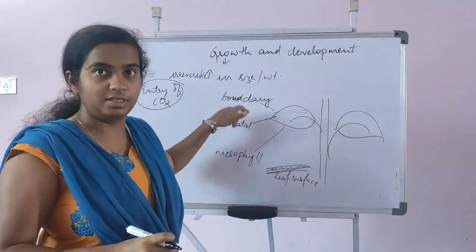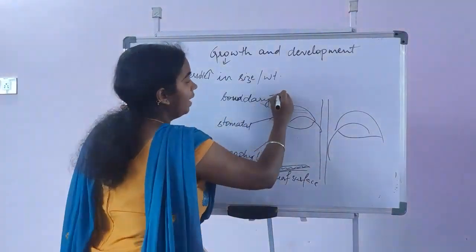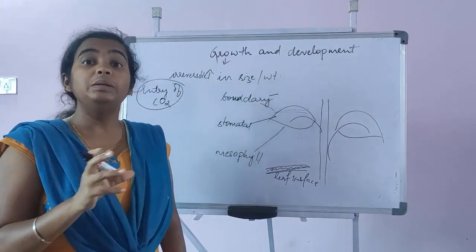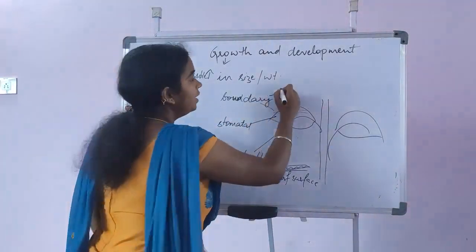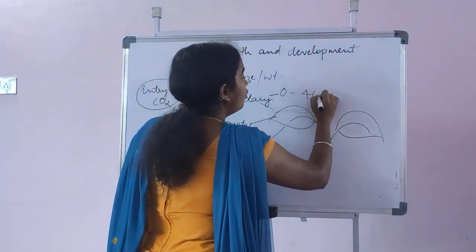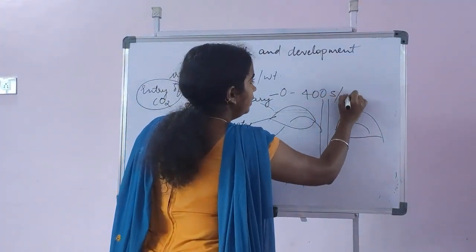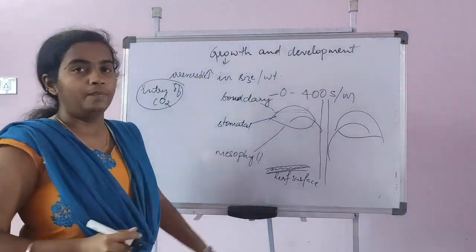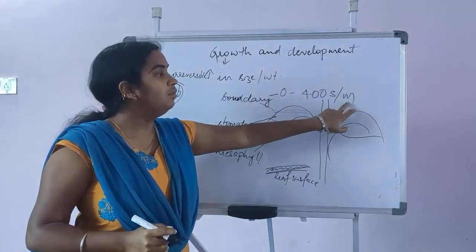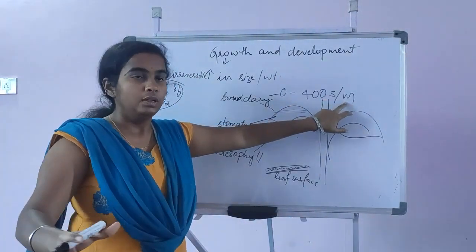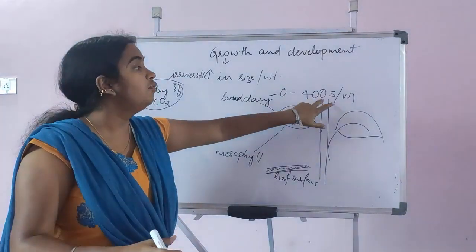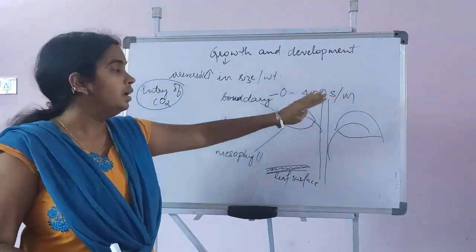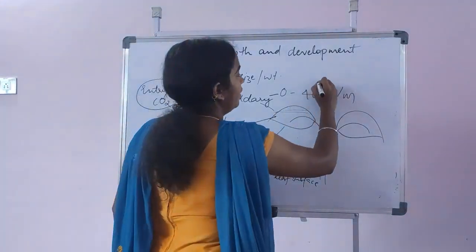This is the first resistance, and the magnitude, it means the range of the resistance offered by this boundary layer, varies between 0 to 400 seconds per meter. That means to travel 1 meter of length, carbon dioxide requires around 400 seconds per meter in still air.